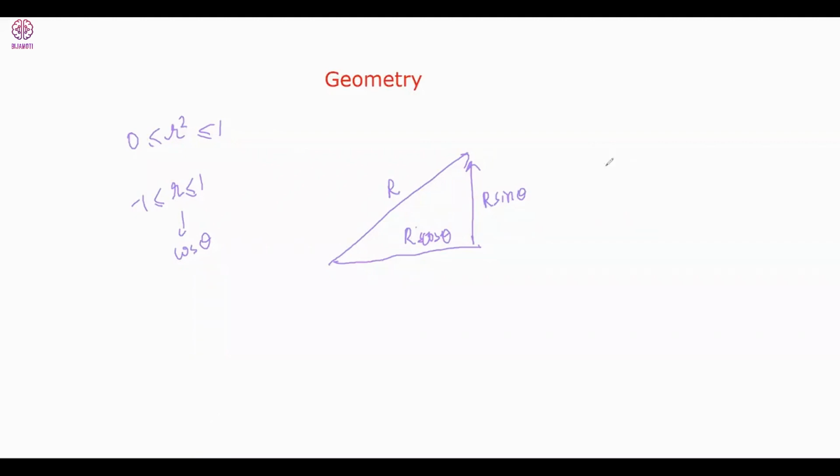Now, similarly, if this is r square, it will be r square cos square theta, and r square sin square theta. I'm just taking the square of it. So this length is actually S y y.